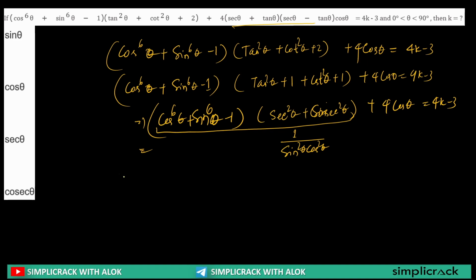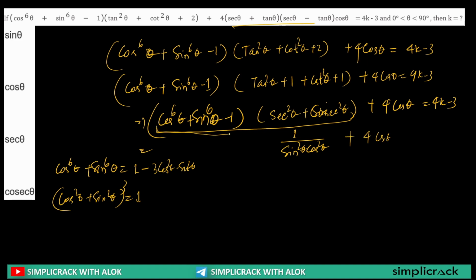What I can write here: cos 6 theta plus sin 6 theta is equal to 1 minus 3 cos square theta sin square theta, because cos square theta plus sin square theta, to the power cube, is equal to 1. So in place of cos 6 theta plus sin 6 theta minus 1, I can write minus 3 sin square theta cos square theta.